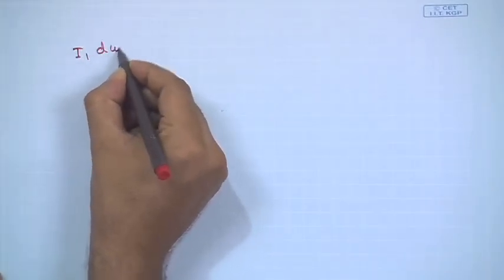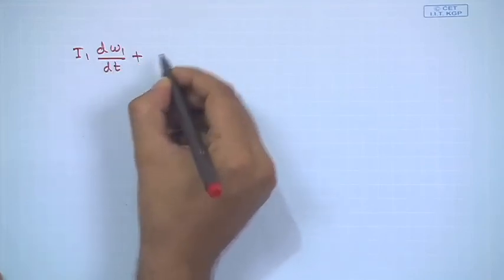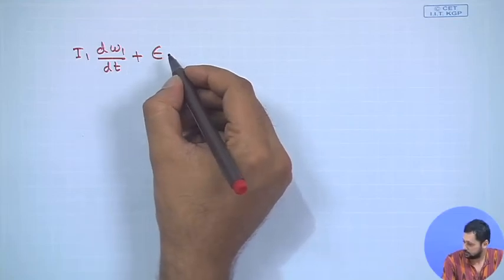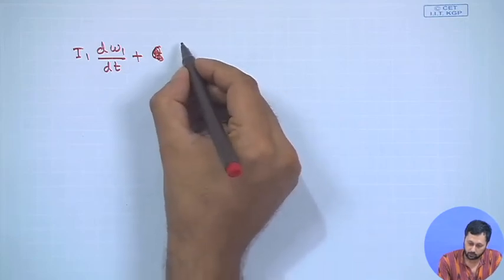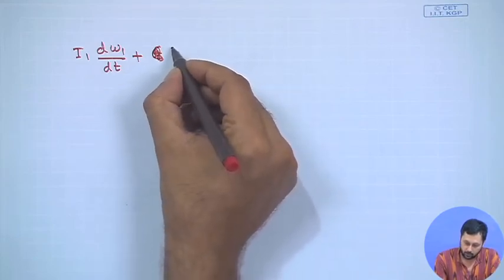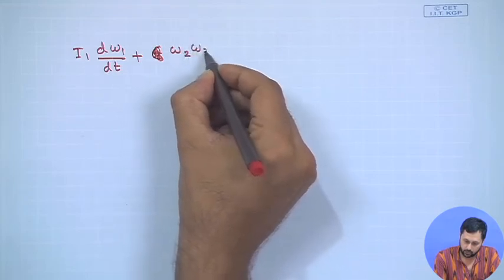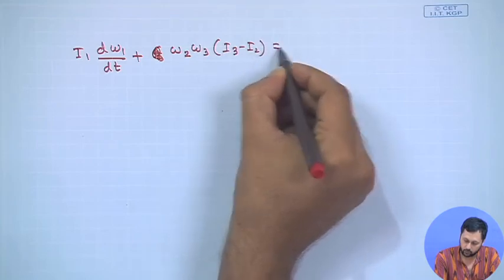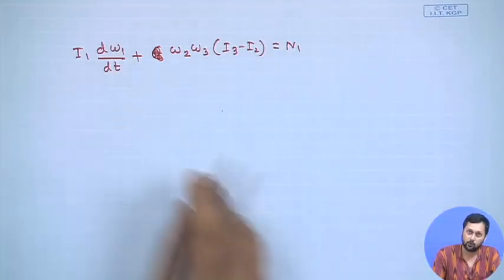Now, decomposing this into three components, we can write this as I1 d omega 1/dt plus omega 2 omega 3 (I3 minus I2) equal to N1. Similarly, we can write two more equations.